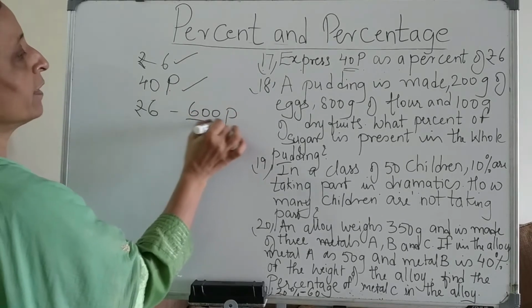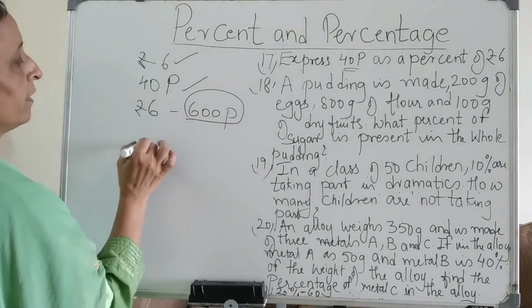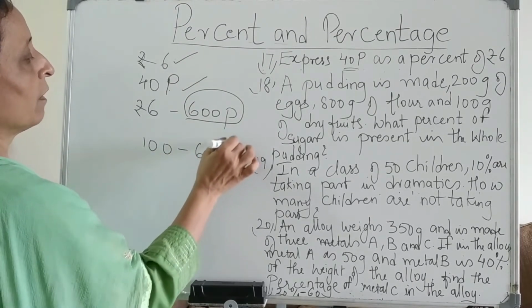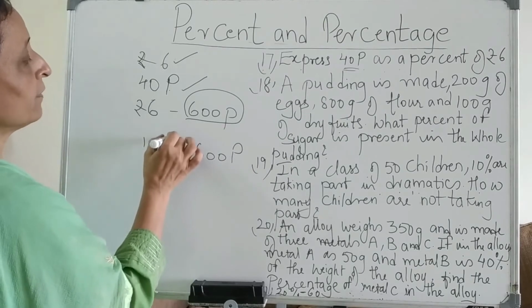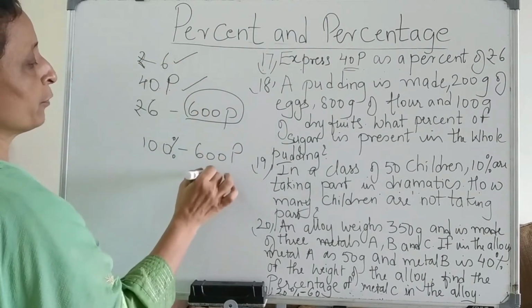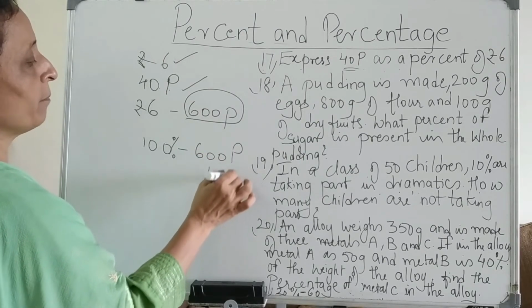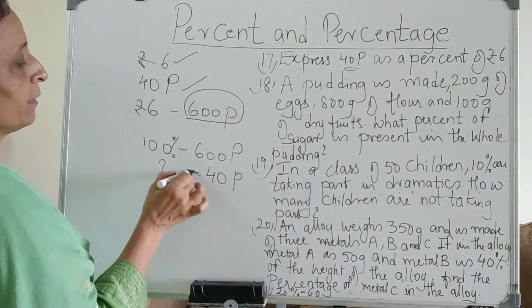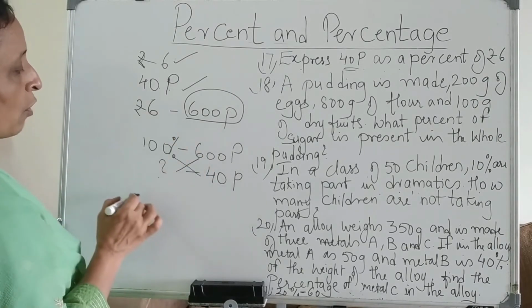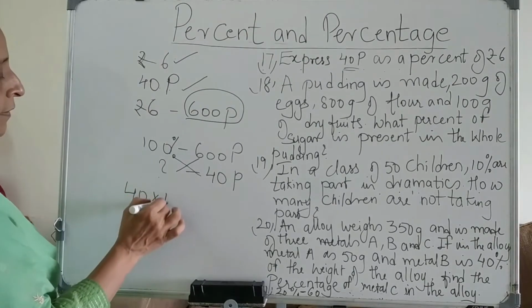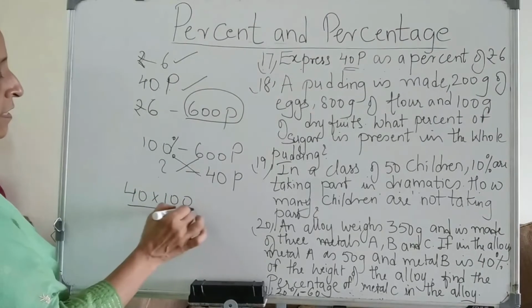Now this is 100%, that is 600 paise. Now you have to find the percentage of 40 paise. So you have to write 40 paise. How much is the percentage? Cross multiplication. So let us do this. 40 into 100 by 600.